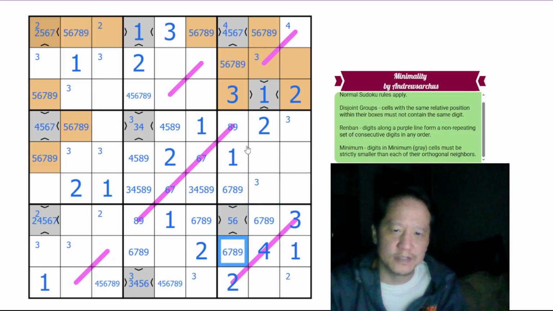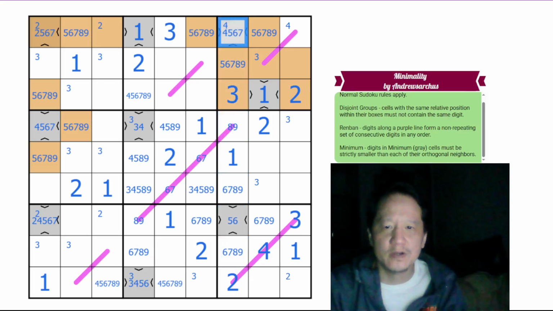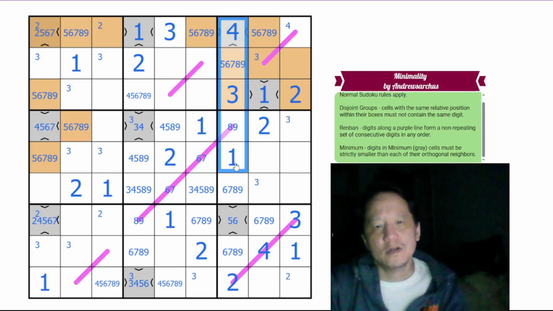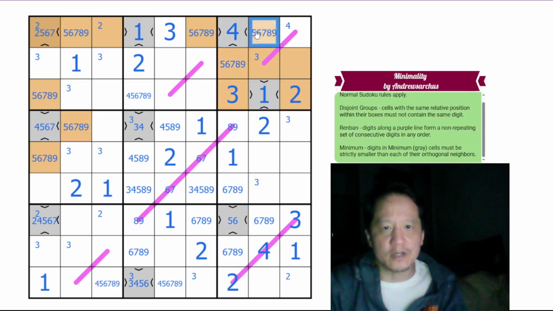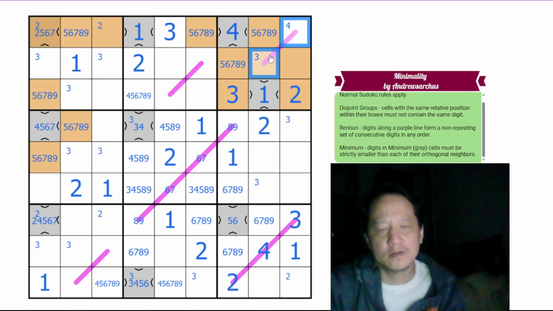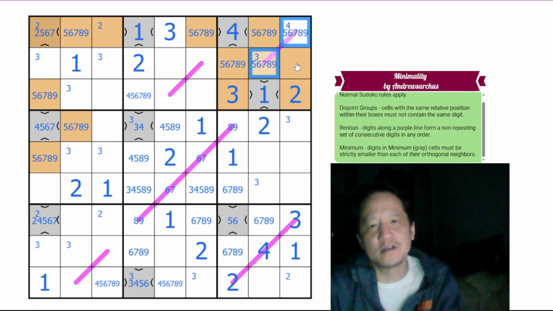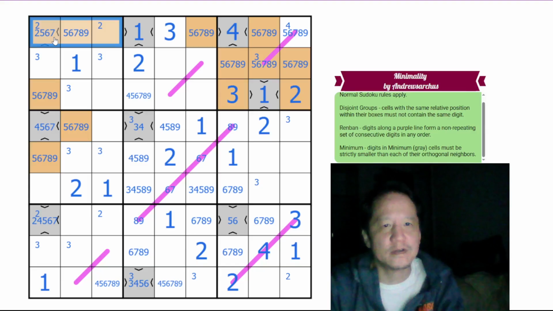Where is the 4 in column 7? It has to be here. So this is 5 through 9. 5 through 9. Okay. That means this can't be 3. Where is the 3?